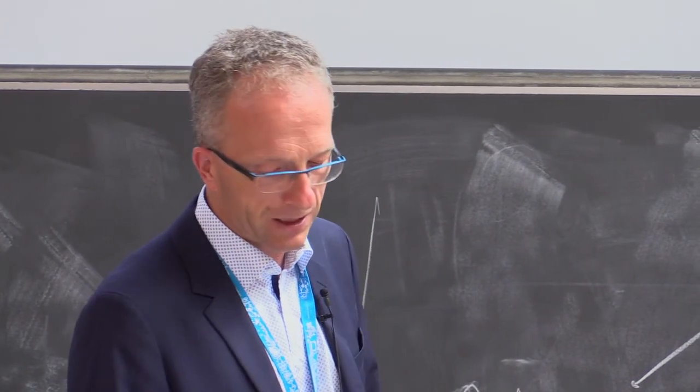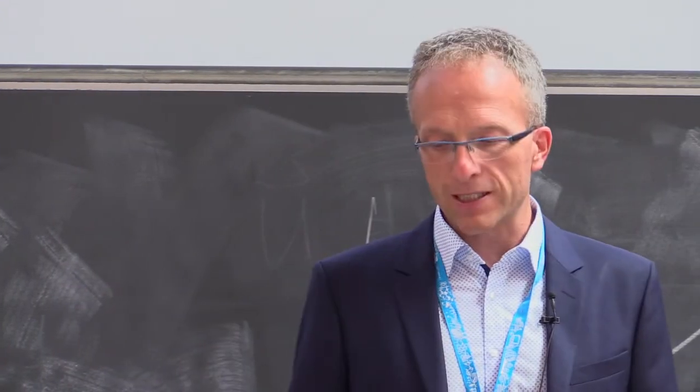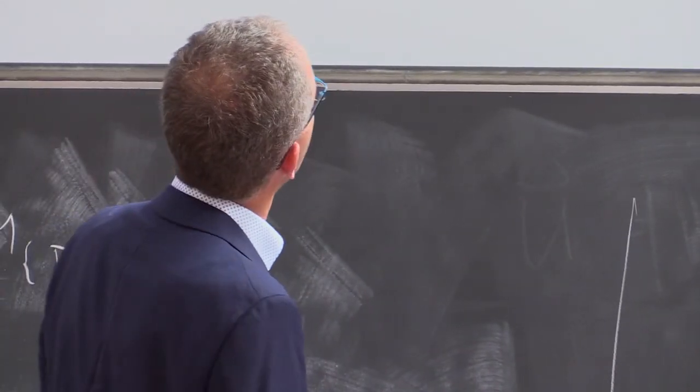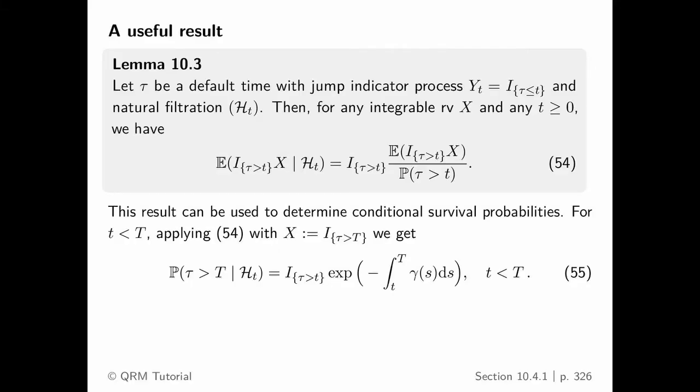For instance, the probability that tau is bigger than t, given the default history up to time t, is, well, if default has happened already, this probability is 0. That's why we have this indicator here.